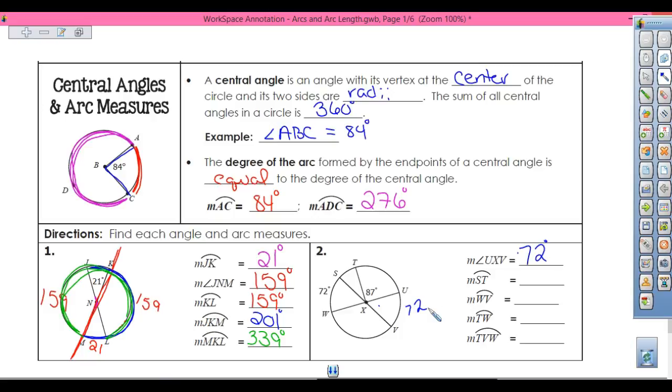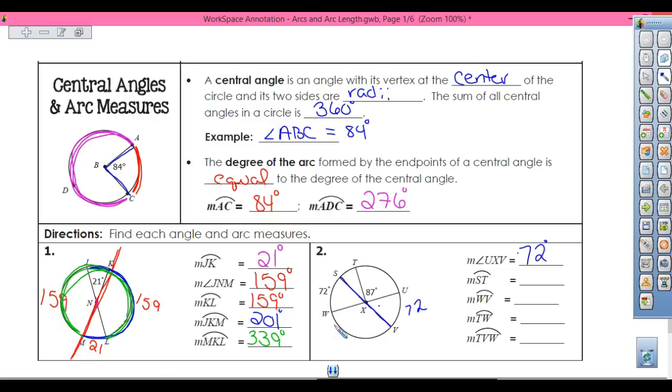How did you get that? What do you mean X? So this arc right here is 72, right? Yeah. Okay. What do you mean X?